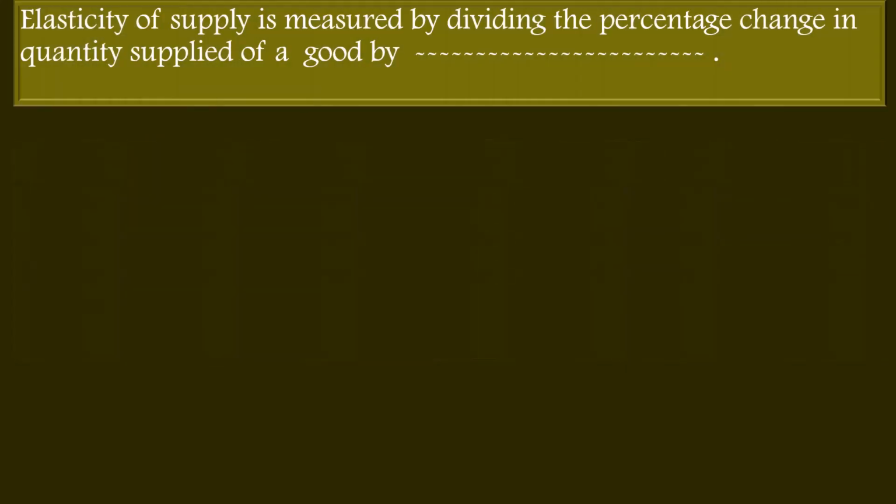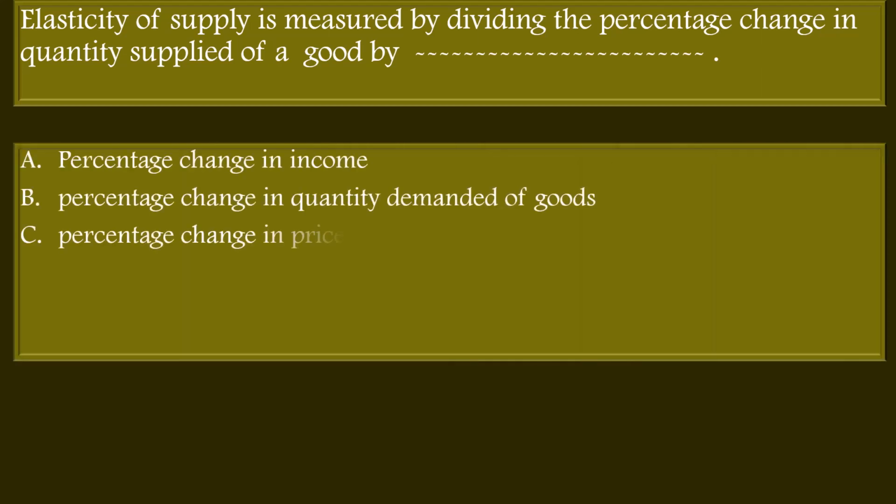Fourth question. Elasticity of supply is measured by dividing the percentage change in quantity supplied of a good by options. A. Percentage change in income. B. Percentage change in quantity demanded of goods. C. Percentage change in price.